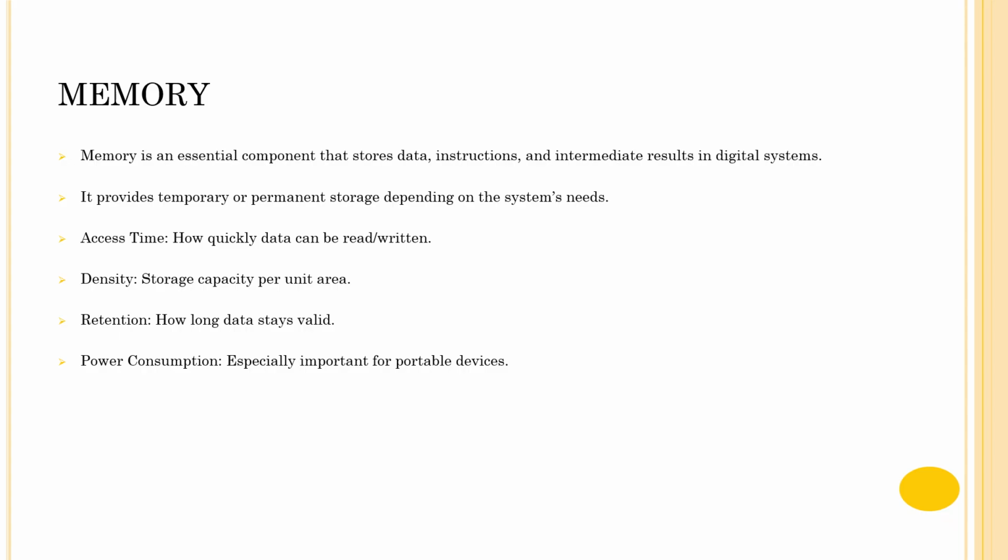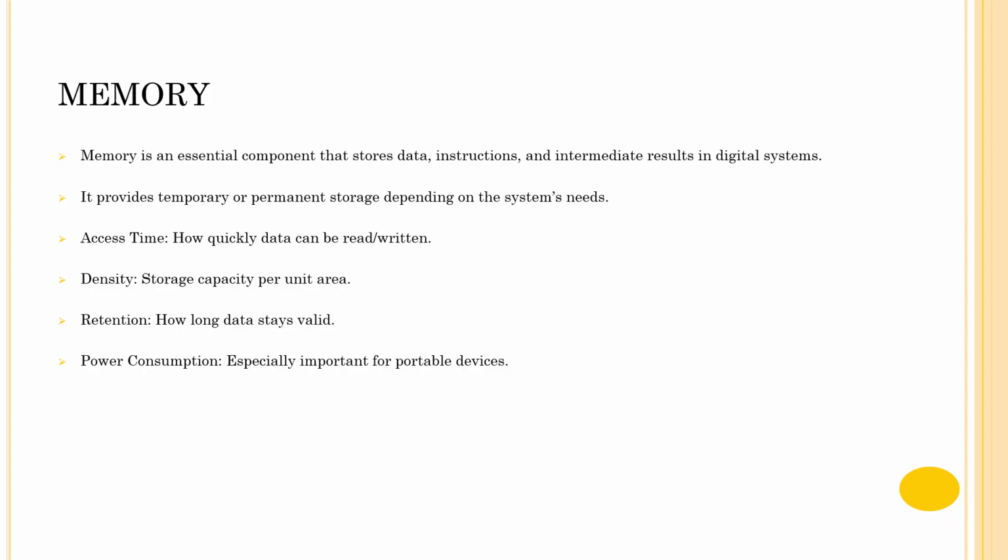You will find this in USB drives, SSDs, and memory cards. It's reprogrammable and retains data even without power. EEPROM. This allows data to be erased and rewritten at the byte level, used in MCUs to store configuration or calibration data. So, non-volatile memory is like your long-term brain. It remembers what really matters.